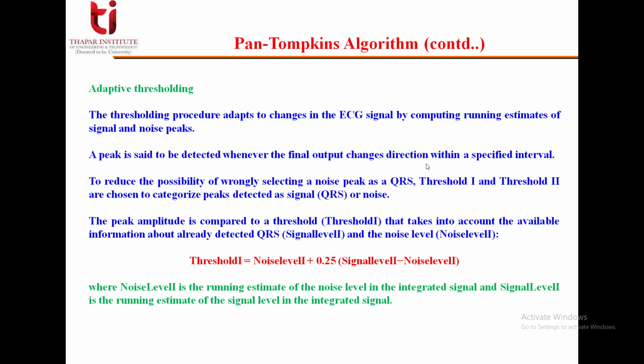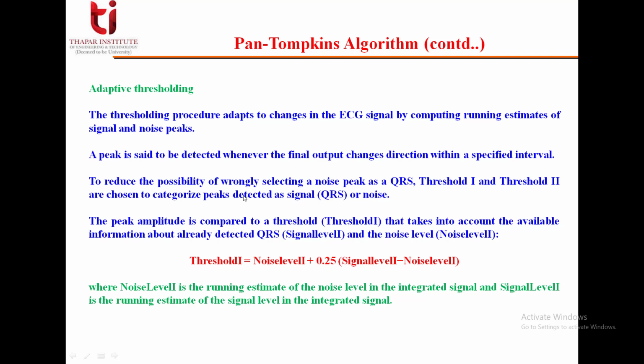So we can say that a peak is detected whenever the final output changes direction within a specified interval. And to reduce the possibility of wrongly selecting a noise peak as a QRS peak, we keep two thresholds, threshold 1 and threshold 2.